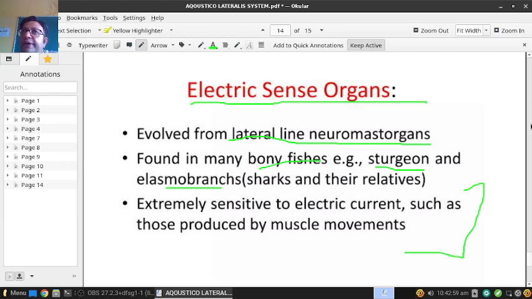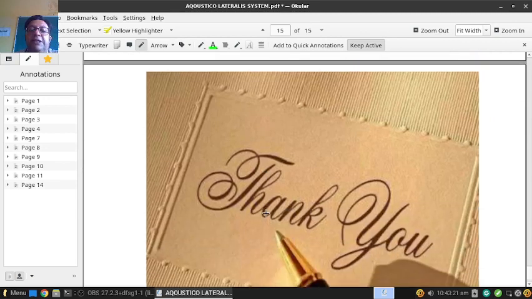When a muscle contracts, there is an electrical change. So they are able to detect that there is some muscle change, that something is moving towards them. Instead of water displacement, they can detect even muscle displacement. If I am moving my hand, some charges are discharged outside, and they are able to detect it. So this is a specialized sense.